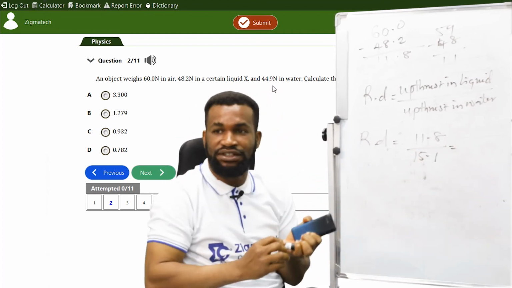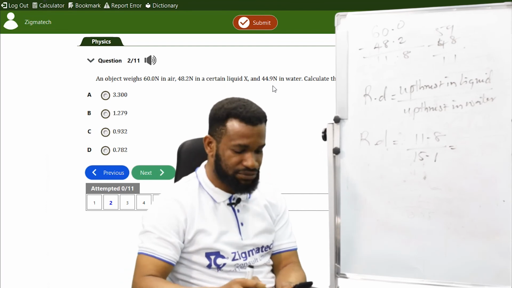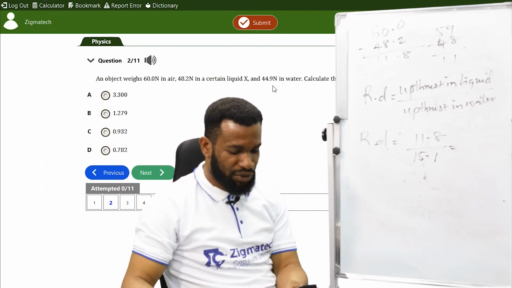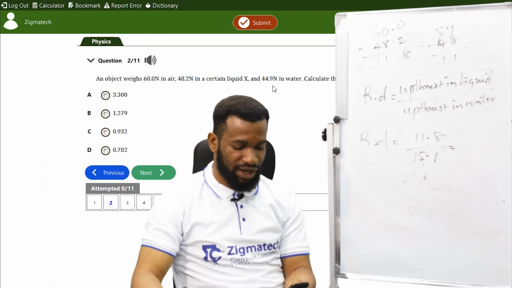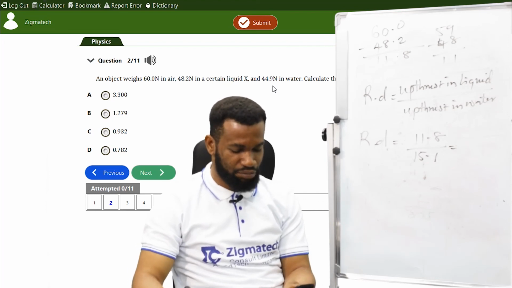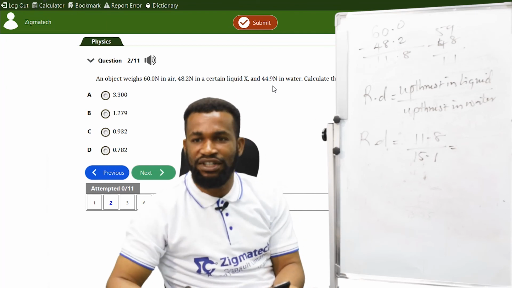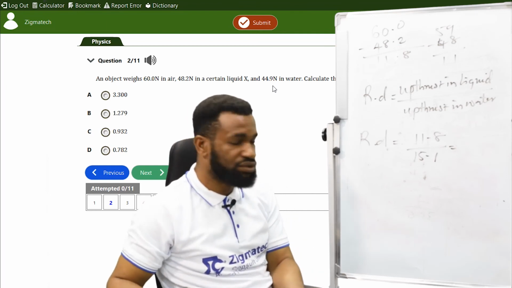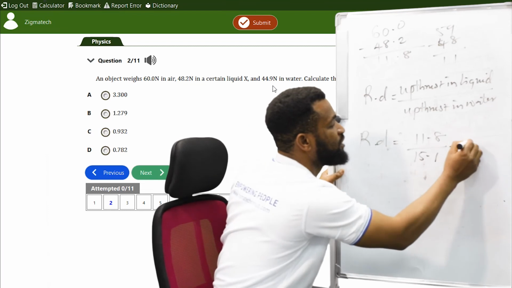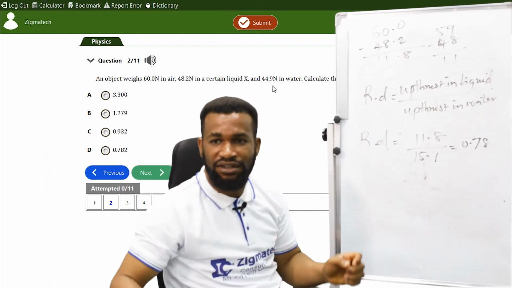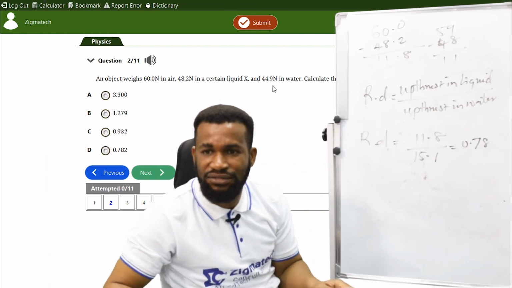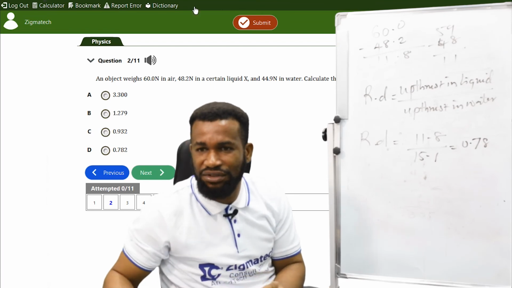So the relative density of this object is going to be 11.8 divided by 15.1, and that is 0.782, so we have 0.78 approximately. So which is going to be D. The option there is D.